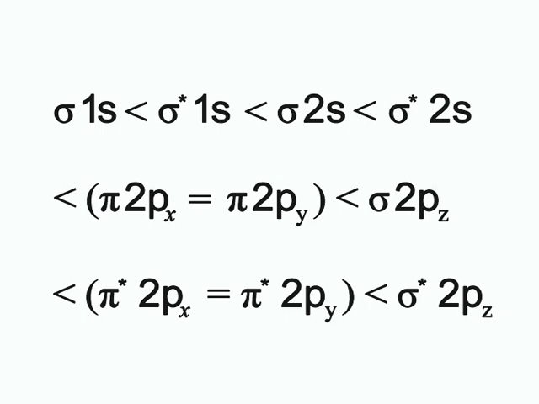It has lower energy than sigma 2pz, it has lower energy than pi star 2px, its energy is equal to pi star 2py. It has lower energy than sigma star 2pz.